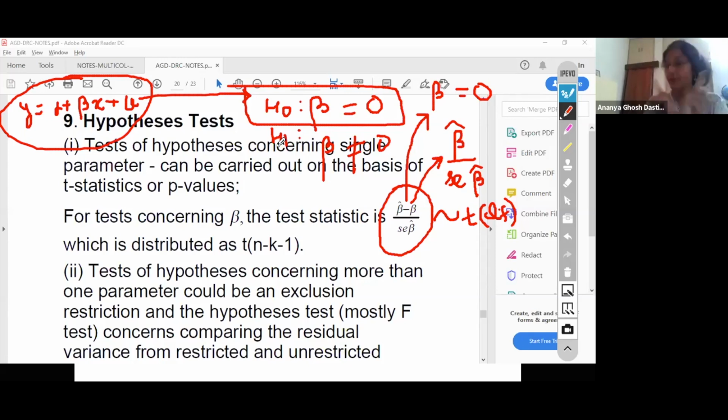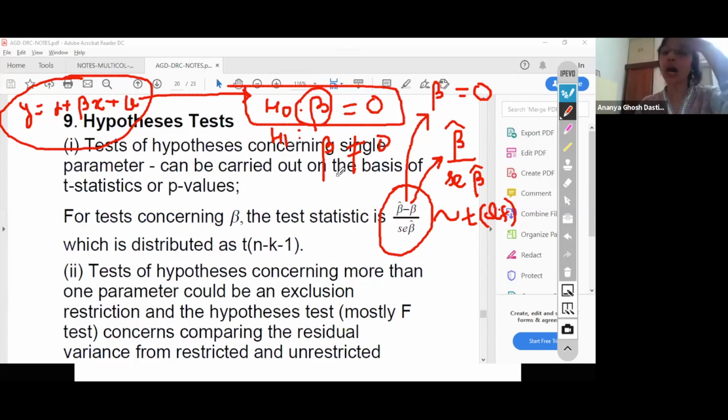Never is a hypothesis about beta hat. Please get this clear, okay? Never test a hypothesis about beta hat. Beta hat is a random variable. It's an estimator. So that's the first point. Always the hypothesis is about beta. And a very important hypothesis is beta is equal to 0. We want to test it because until and unless we are able to reject this null hypothesis, we don't have a good model at all.